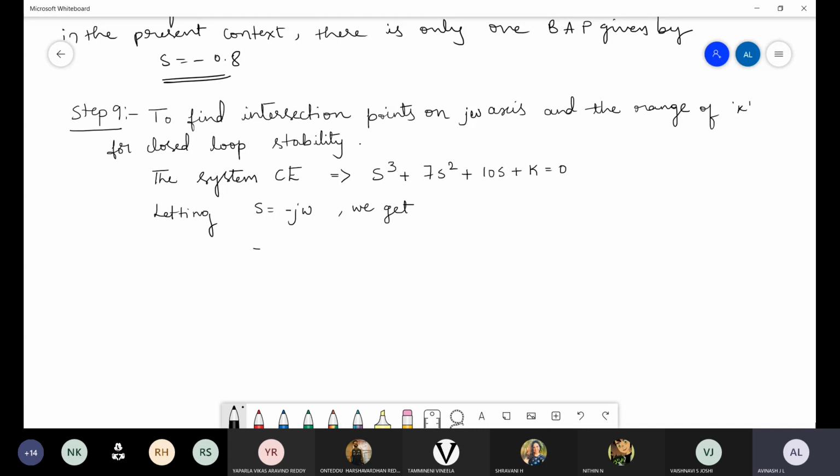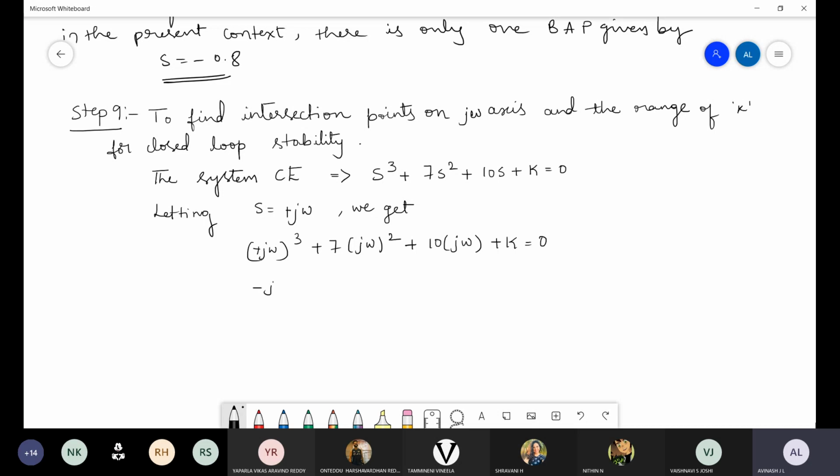So if you put j omega in: (j omega) whole cube plus 7 into (j omega) whole square plus 10 into j omega plus k equal to 0. You just solve it.